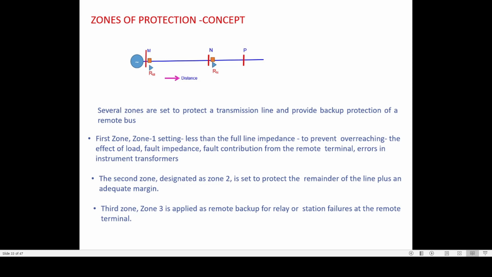Similarly, the voltage of 400 kV may be measured at 398 or 402, depending upon the accuracy of this CT and CVT. And if these errors are in the same direction or in the reverse direction, then the impedance magnitude will keep on changing. This is one factor, the error due to CT and CVT.